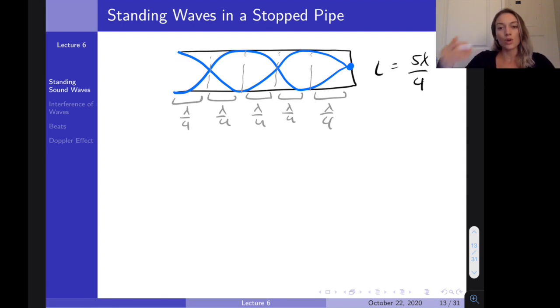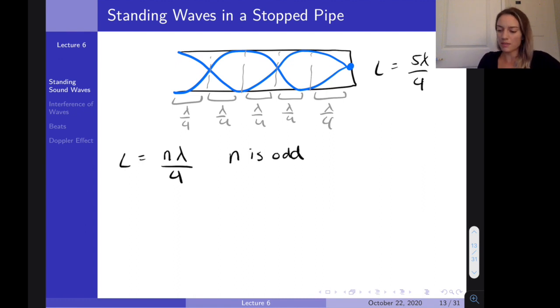We need to only do quarter wavelengths, and we can only do odd integer numbers. If we were to write it, L is n lambda over 4. We don't want n to be even, because if n is even, it will cancel out with the 4 and we'll get a half wavelength value. So we only want n to be odd so that we end up with those quarter wavelengths.